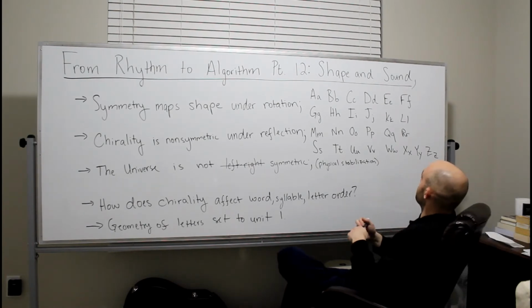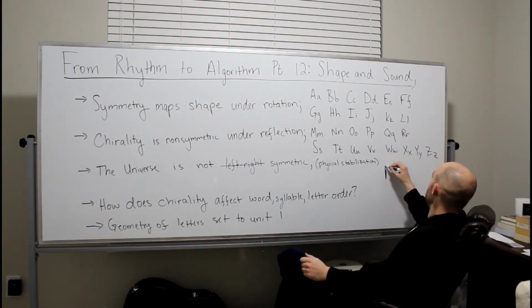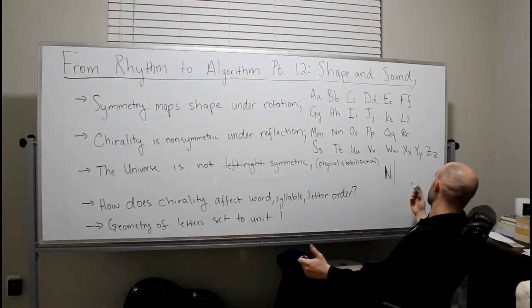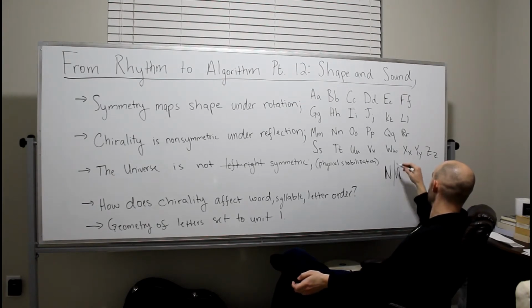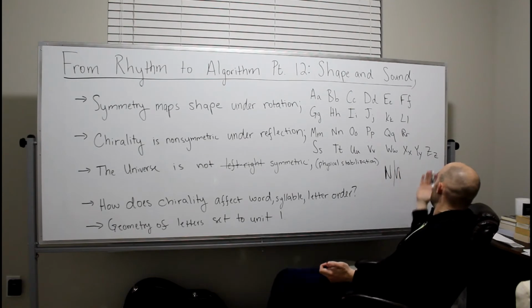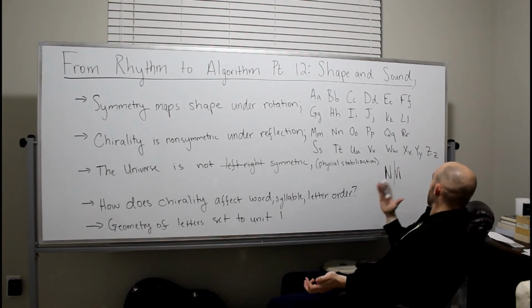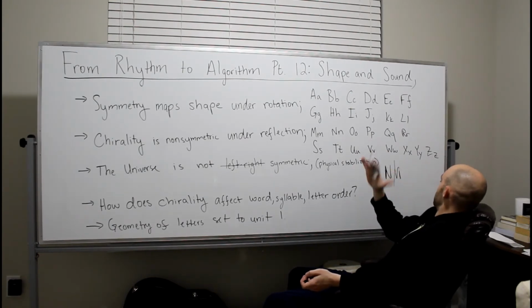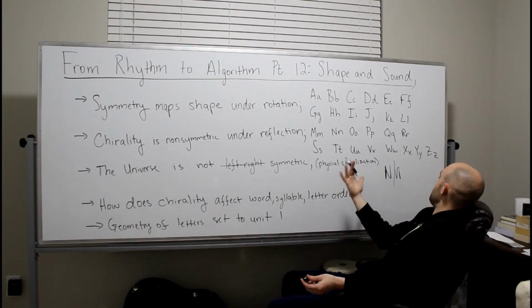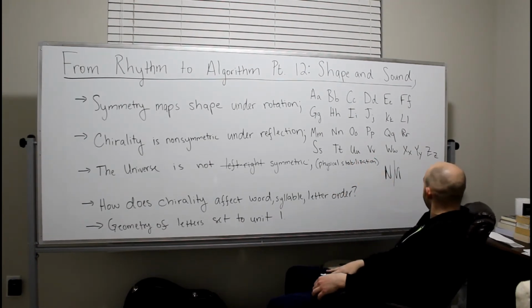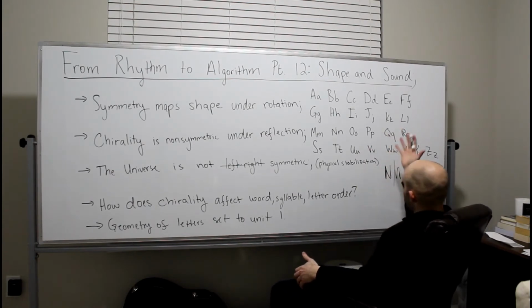Just some examples: N in the Roman alphabet, and then the sound E in the Cyrillic alphabet is kind of the N backwards. So that's symmetric under a flip. If you flip the letter N in English, you get the letter E in Cyrillic. So that's just what I mean there.